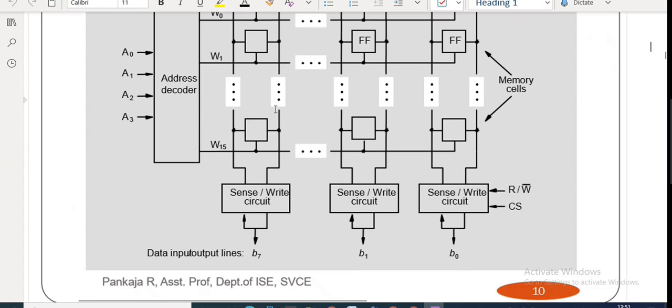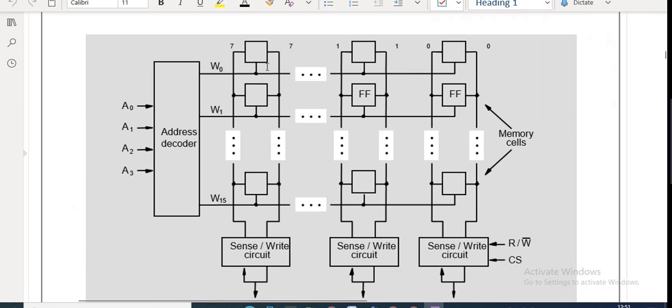After that, if it is a read operation, the corresponding bit information is going to be read from this particular row and sent to the data lines. That is D7, D6, D5, and so on, the dotted line indicates D7 to D0.